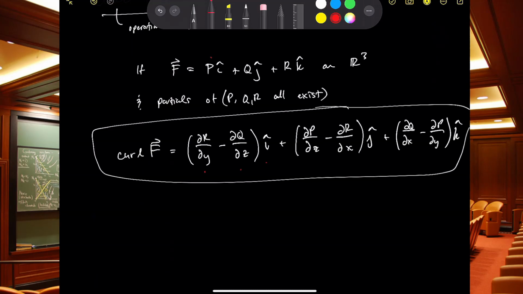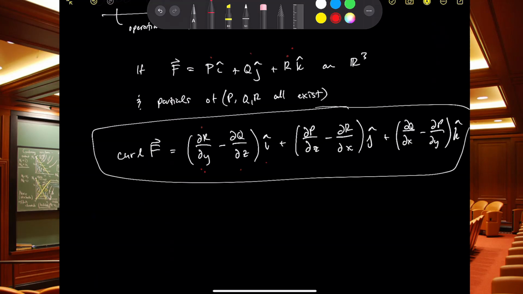It's telling me how much my z component, my vertical component, differs from my y component with respect to z. So what is this? This is how much my R is changing with respect to y and how much my Q is changing with respect to z.